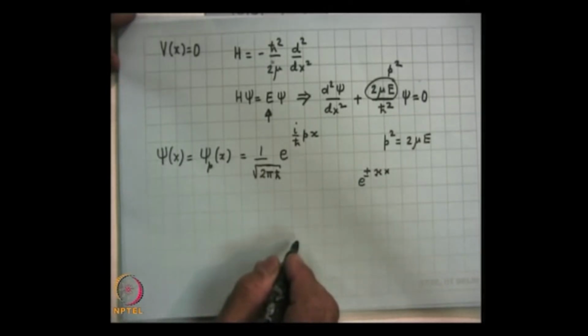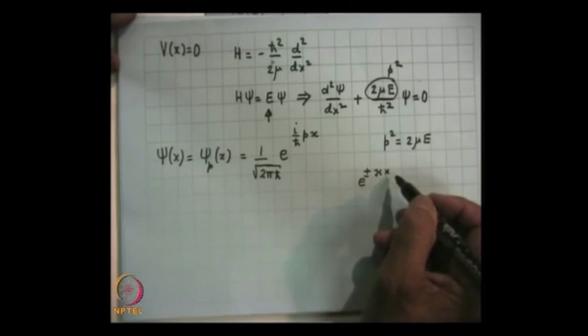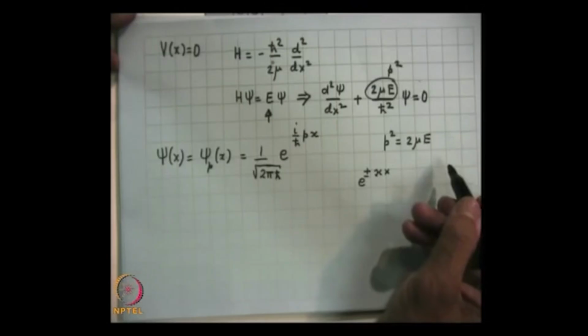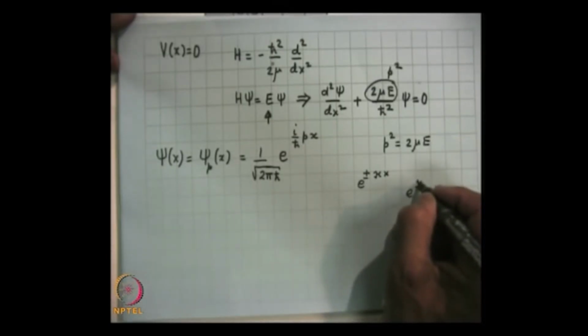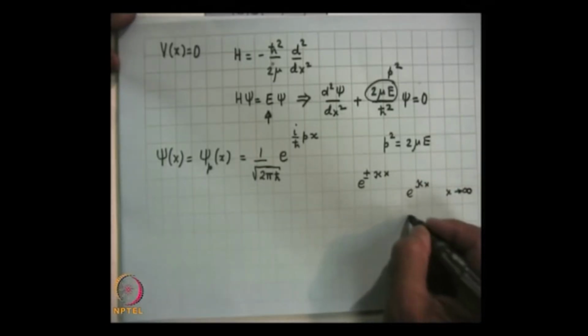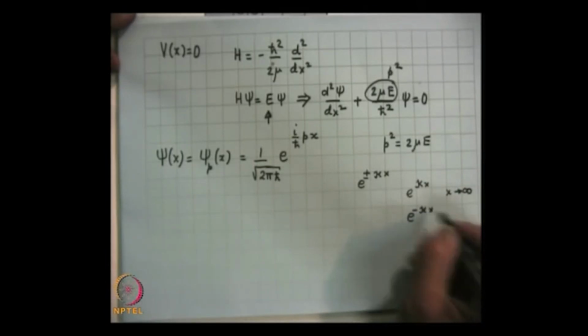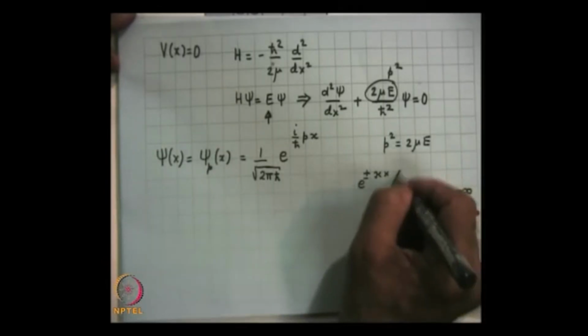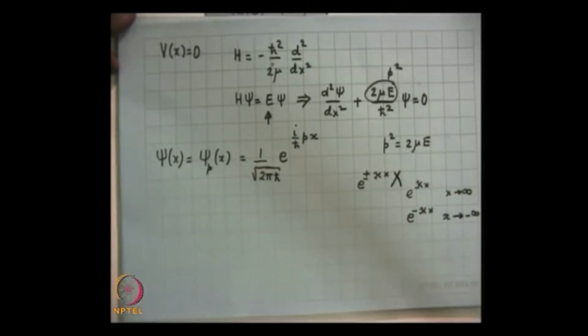When this happens, the wave function goes to infinity at plus or minus infinity. E to the power of plus kappa x will blow up as x tends to infinity, and e to the power of minus kappa x will blow up as x tends to minus infinity. That is not possible, because if the wave function becomes infinite, it is no more square integrable. You can no more normalize the wave function.